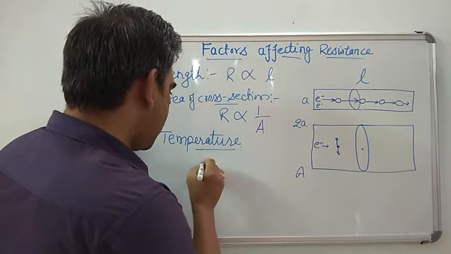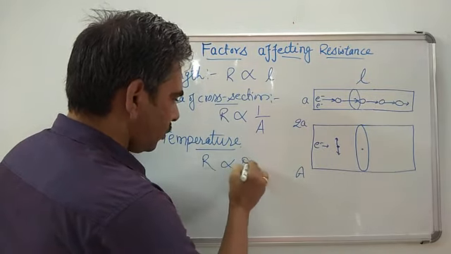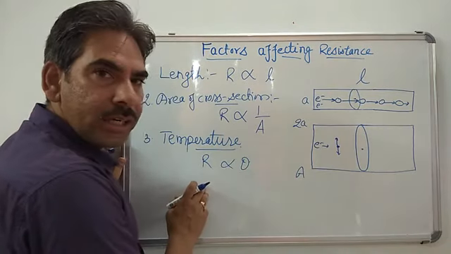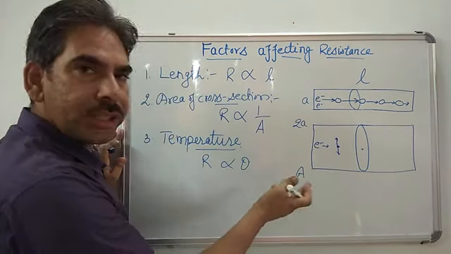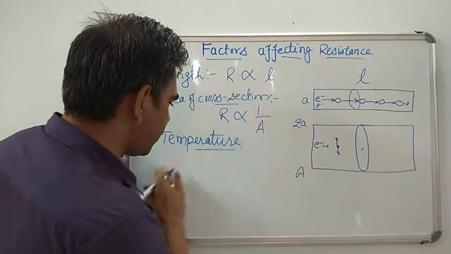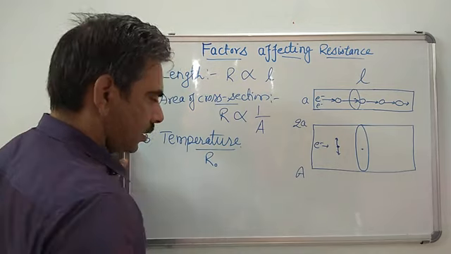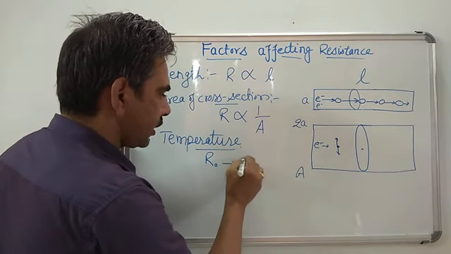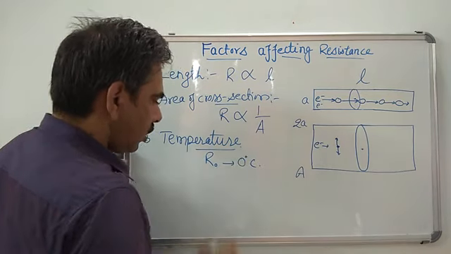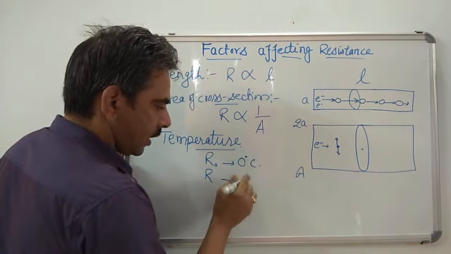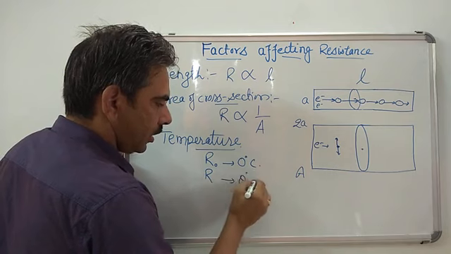So that means resistance is directly proportional to temperature, and there is a relationship of how the resistance of a conductor is related to the change in temperature. Suppose that we have some resistance R naught at 0 degree Celsius and we have some resistance R at some other temperature, for example theta degree Celsius.